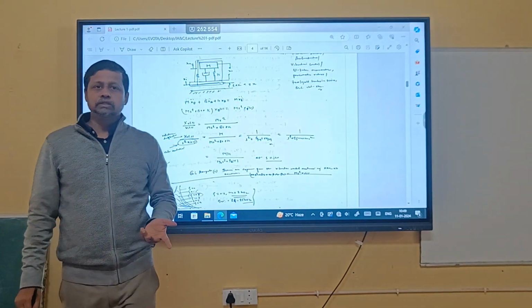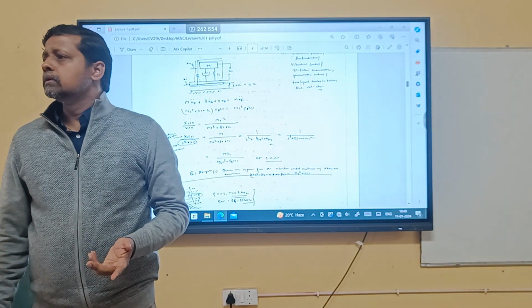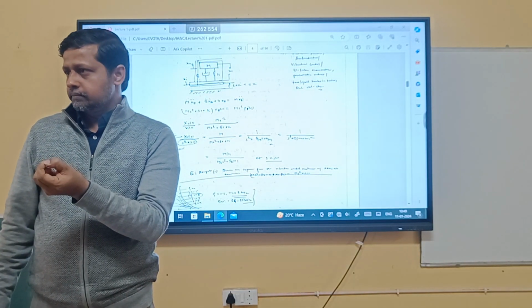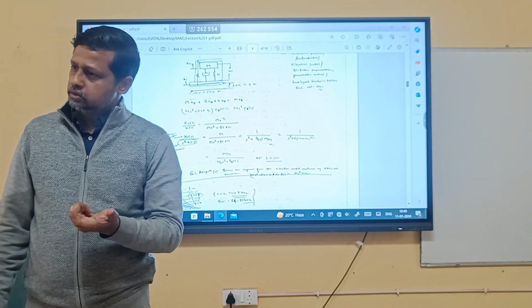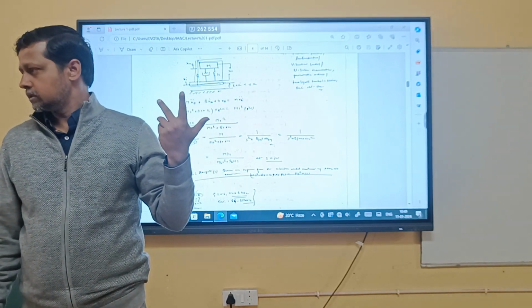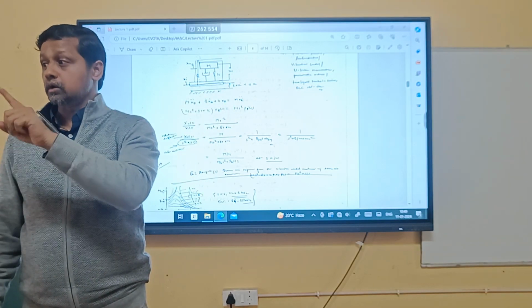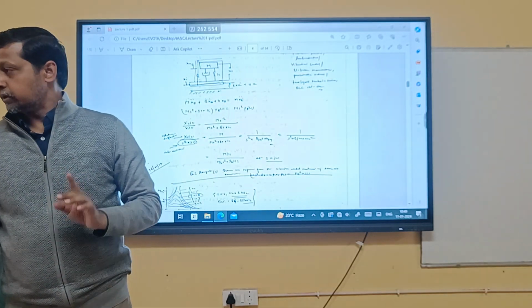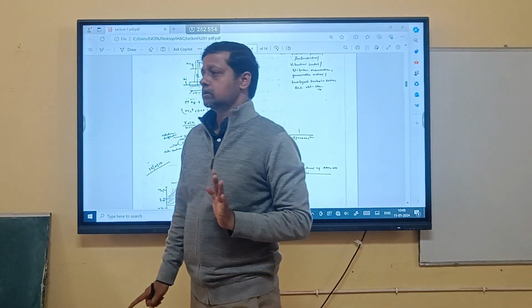If the input displacement is 0, then within a definite time, within a few milliseconds or microseconds, your x naught will also tend to 0. If x naught tends to 0, there is no left hand side. So now the right hand side is not 0, it's non-zero. Probably this is the first change you saw in your engineering solutions.